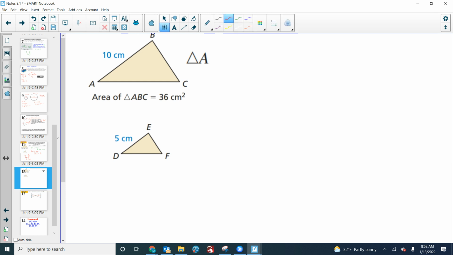Let's do 6 centimeters. The bigger triangle now has a length of 6 centimeters. Go ahead and find the ratio of the sides, the ratio of the areas, and find the missing area of the little guy.